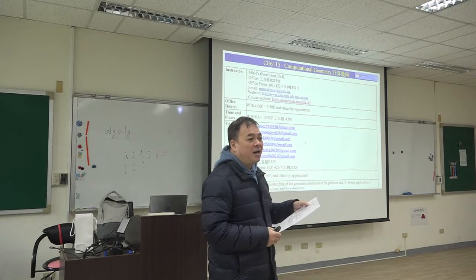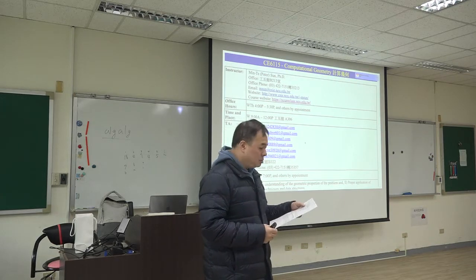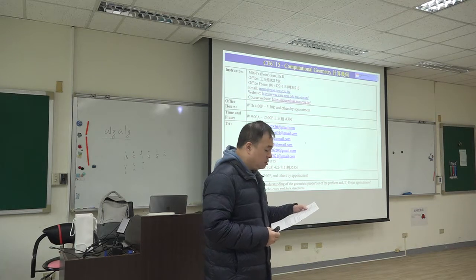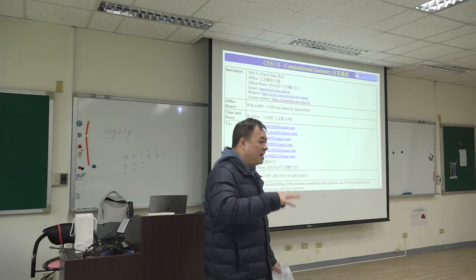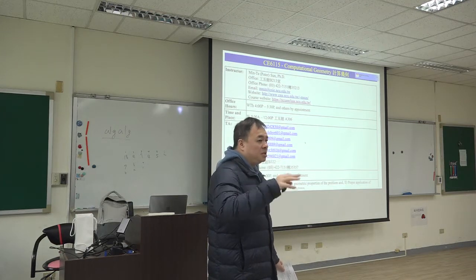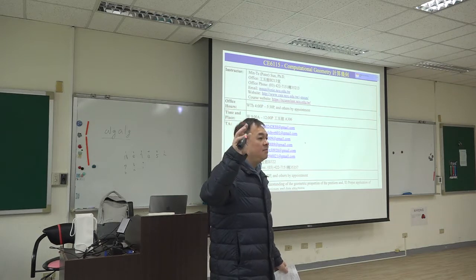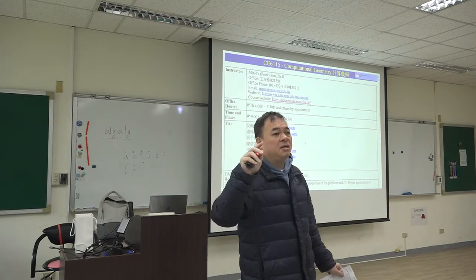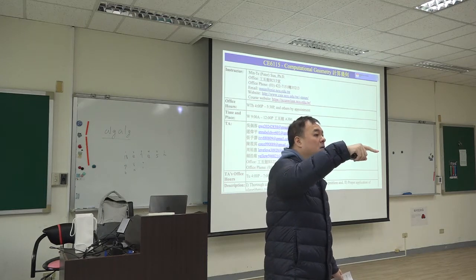If you have not officially enrolled in this class, you have to do that as soon as possible. How many of you are not officially enrolled right now? Can you raise your hand? Just let me know how many. 1, 2, 3, 4.